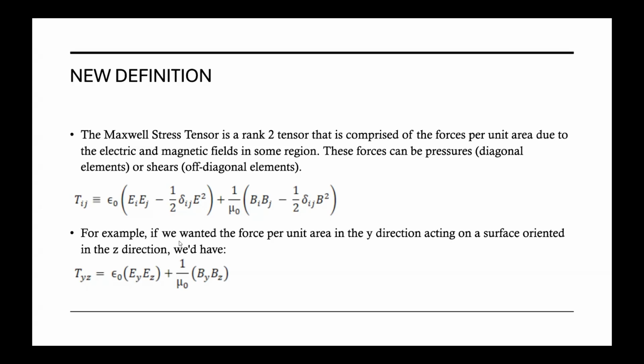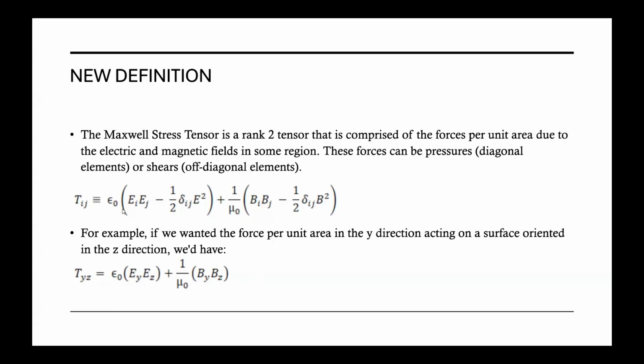So for example, if we wanted the force per unit area in the y direction acting on a surface oriented in the z direction, we would have, of course, this E_y E_z minus, and then this term goes to zero because this is a Kronecker delta here, which is zero for unequal indices and one for equal indices. So this term would arise only for example XX, YY, or ZZ. But here we don't have equality, so we only get these terms here, E_y E_z and B_y B_z.